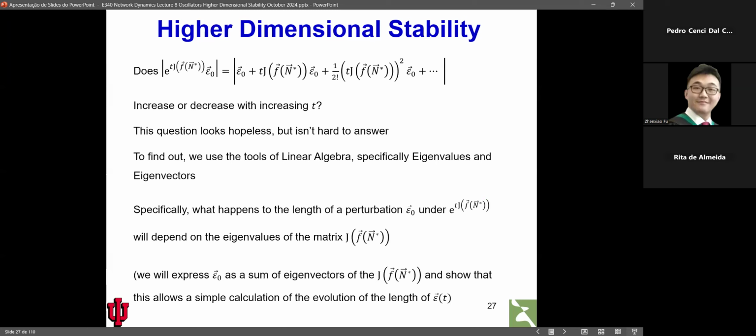And what I want to know is if they are stable or not, if this thing is growing in time or decreasing in time. And how can I do this, right?